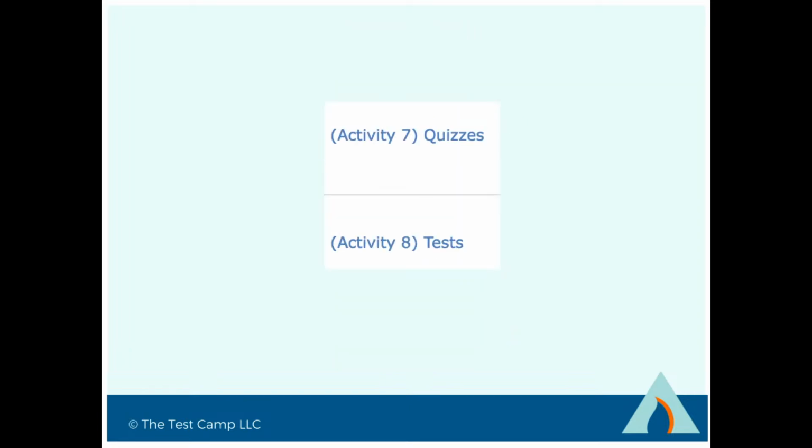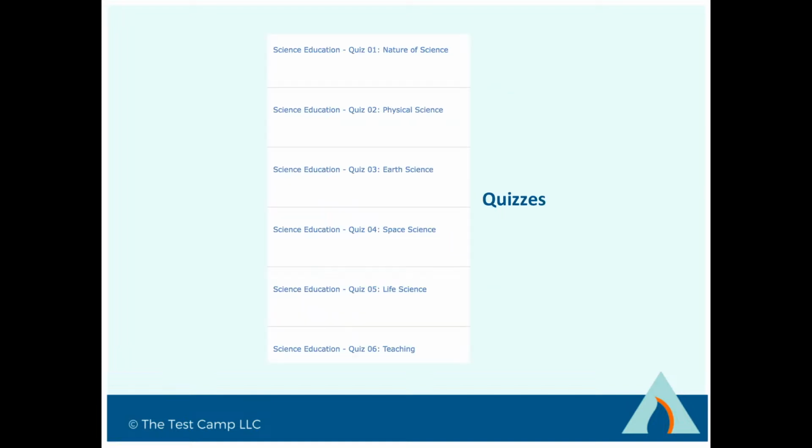Quizzes and tests provide an opportunity to practice your test skills while assessing your test knowledge. And I think this is what you're going to ask. Yes, there are separate quizzes based on each one of the competencies. Go ahead. Yes, you have multiple attempts on these, and the questions and answers change randomly on each attempt.